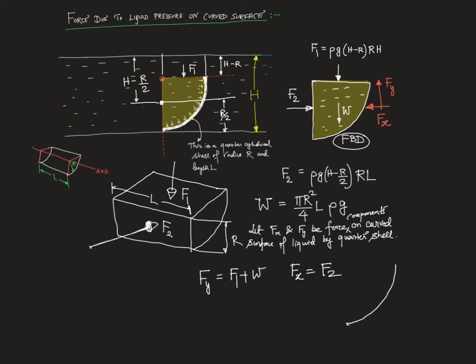So this curved surface of the quarter shell will experience a force due to the liquid pressure from the top, obviously, because liquid will exert pressure from the bottom also.